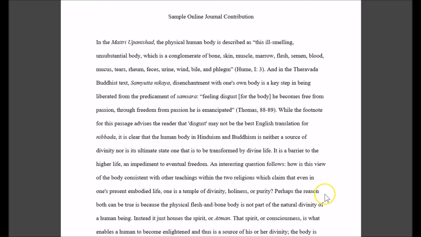Okay, next sentence. "An interesting question follows. How is this view of the body consistent with other teachings within the two religions, which claim that even in one's present embodied life, one is a temple of divinity, holiness, or purity?" So notice here, this shows critical thinking, gang. This is so important.